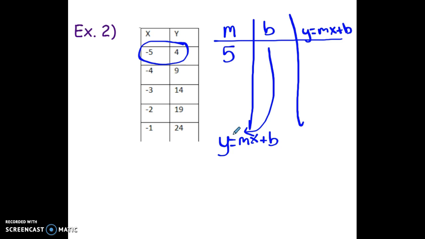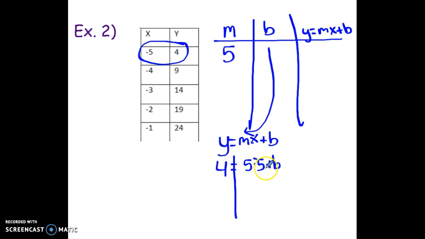Okay, so by now you should have plugged this in. So you have 4 for y, 5 for m, 5 for x, plus b. Wow, I am all over the place today. -5 for x. There we go. If you haven't already, go ahead and finish solving it.